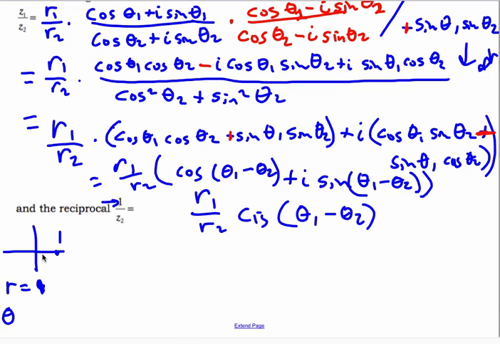And the angle that it makes with the positive real axis is 0. Okay, so we can actually use a rule from before for the reciprocal. So in this case, the numerator here would be 1. So it's going to be 1 over R2 cis, and the angle is going to be 0. So if we put 0 here, we get negative theta 2.